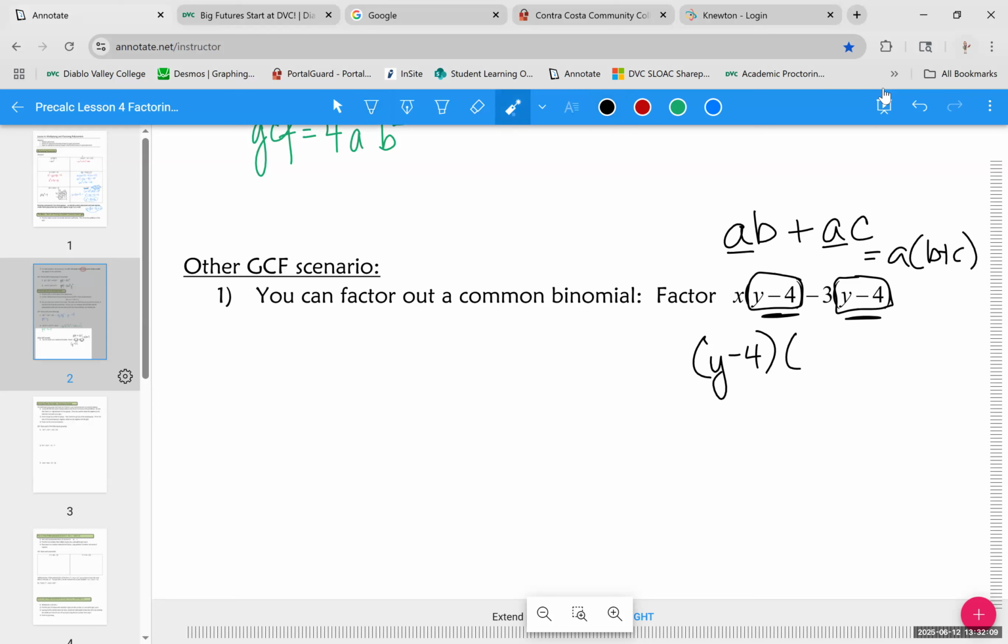If I take out the y minus 4 from here, I'm left with just x. If I take out the y minus 4 from here, I'm left with minus 3. So it is possible to factor out a common binomial, 2 terms, okay? And it's just the exact same process.